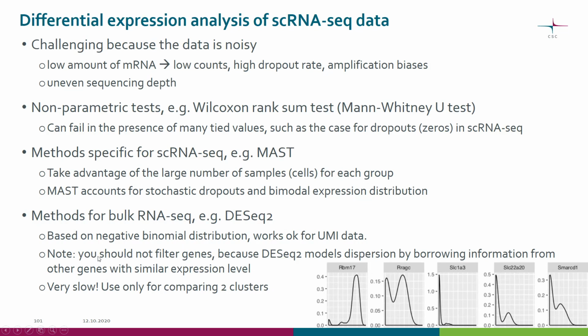One thing to remember is that you should not filter genes prior to running DESeq2 because DESeq2 actually models the dispersion of a gene by borrowing information from other genes which are expressed at similar level.